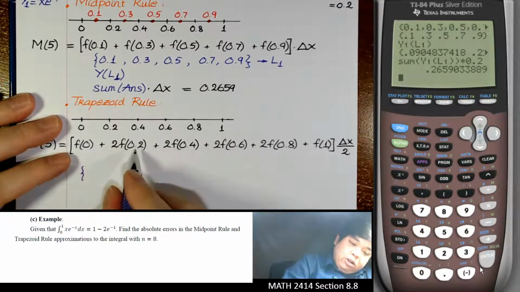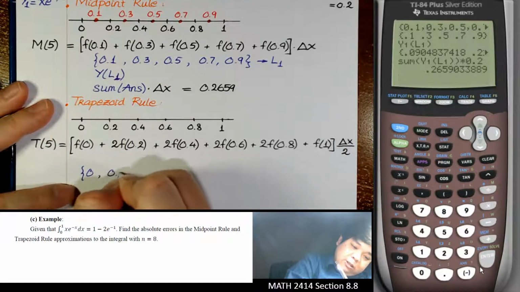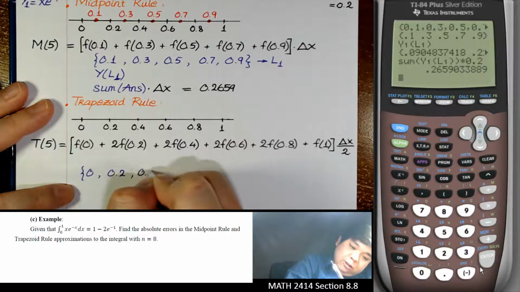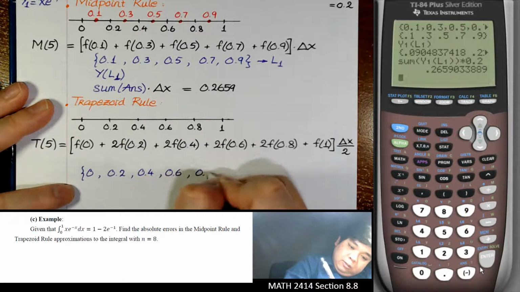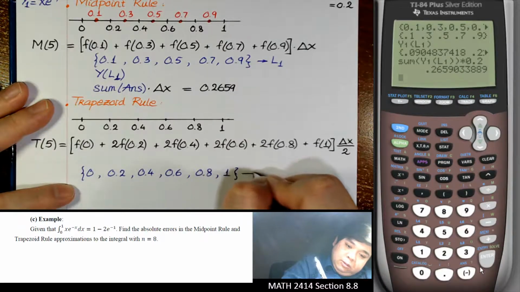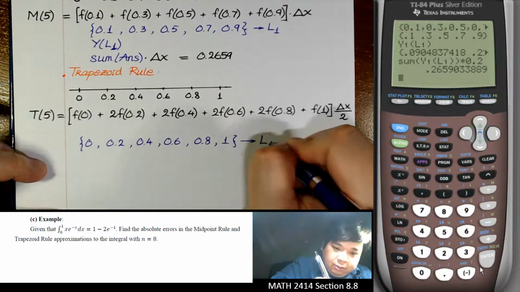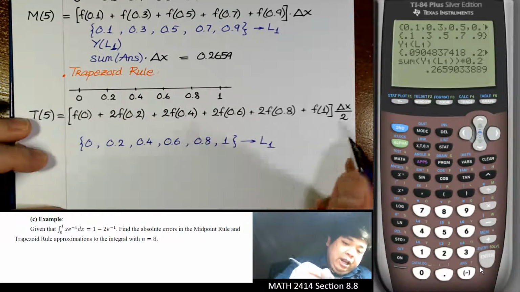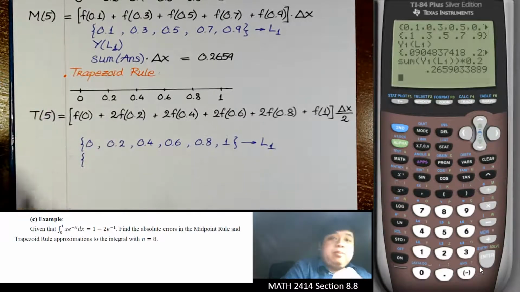So first we start with those sample points, and then of course we evaluate that, but also the coefficient.